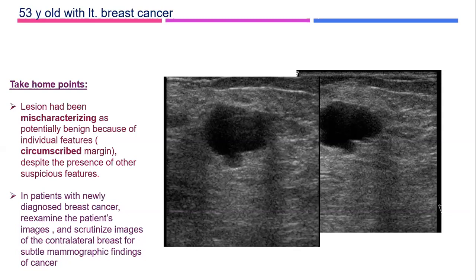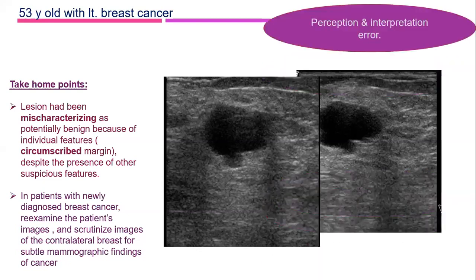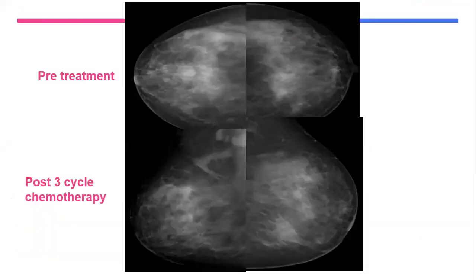And so in a patient with newly diagnosed breast cancer, we have to re-examine the patient's images and scrutinize them for ipsilateral or contralateral malignancies. Okay? And this is both a perception and misinterpretation error: perception of these subtle findings, and misinterpretation.